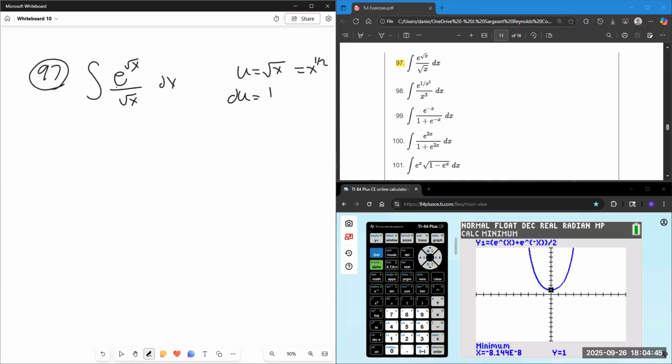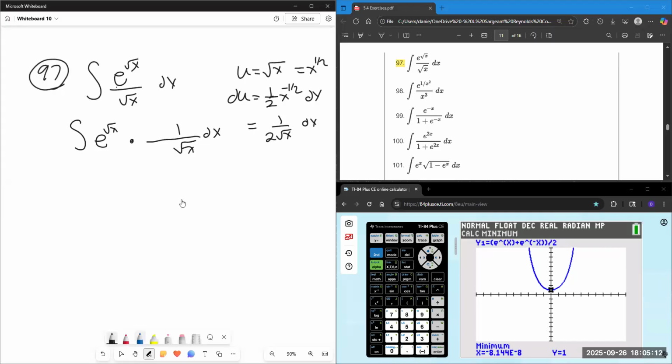Du is a 1/2 x to the negative 1/2 dx, or a 1/2 square root of x dx. So we have e to the root x times root x down here, 1.